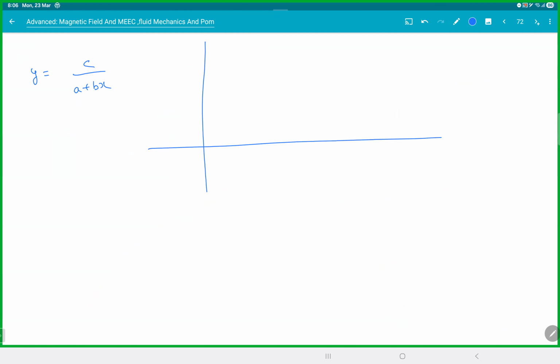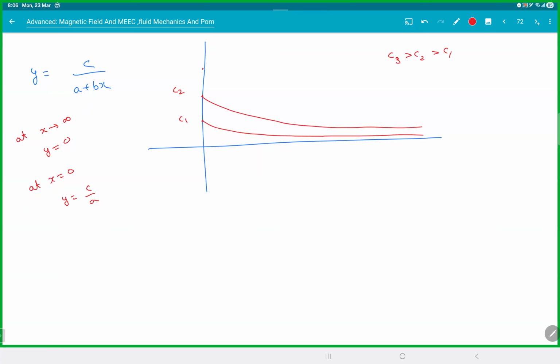If you take different values of c, say c1, it extends to infinity where y will be 0. At x is equal to 0, y is equal to c by a. So it starts from here. As you go to infinity, you get closer and closer. If you go to a higher value, c3 greater than c2 greater than c1. So basically the streamlines start on the y-axis and go towards the x-axis.